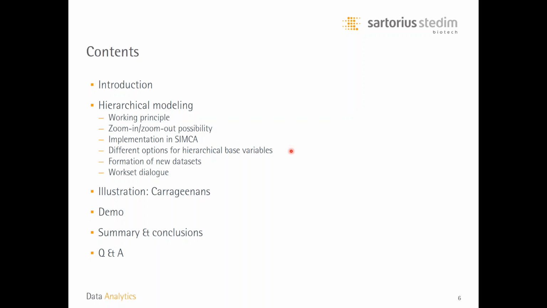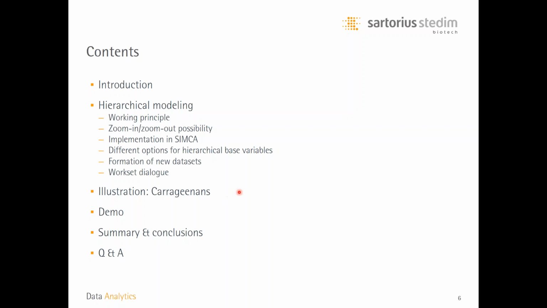When we are forming hierarchical models, there are different options for the so-called hierarchical base variables. Whenever we are starting or launching hierarchical modeling, the result will be that we are forming new data sets, and for that matter we also will look into the workset dialog where we decide from which data sets to pull out the data to make up the foundations for these hierarchical models.